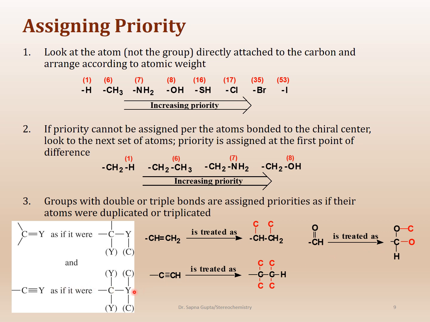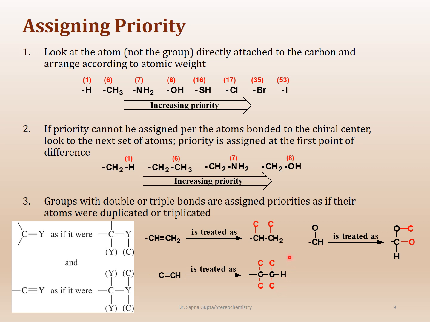In case of triple bond, you have YY that is attached to the C. So in this case, the C will get the CC, and then the Y will get the 2 Cs. If it was C triple bond N, then these 2 carbons here would be nitrogens, and that's how you assign priority.